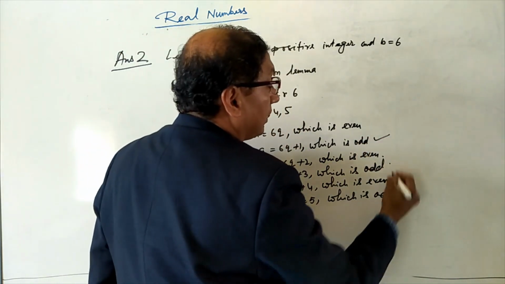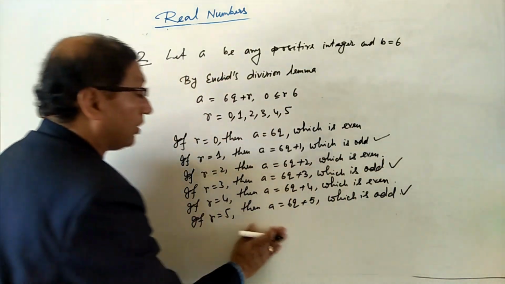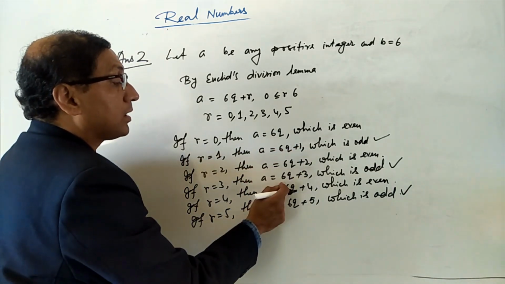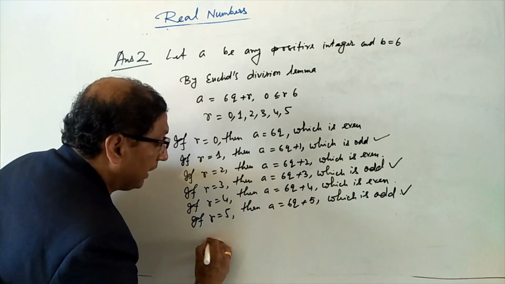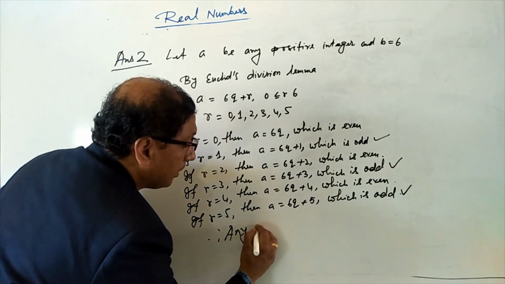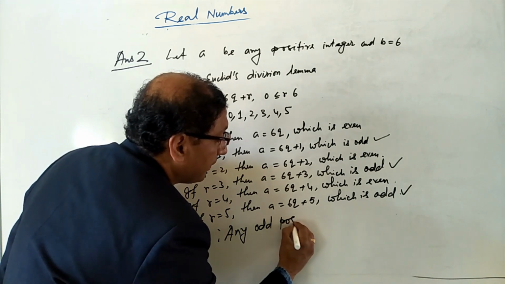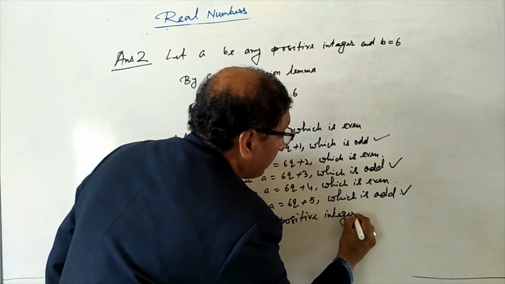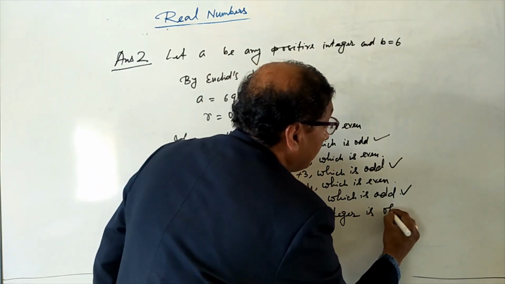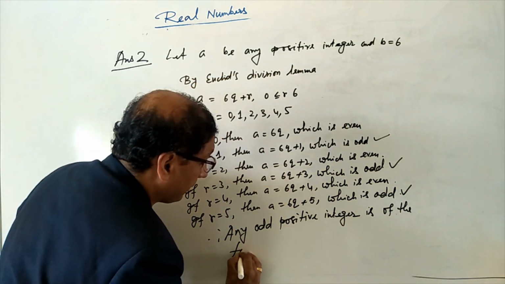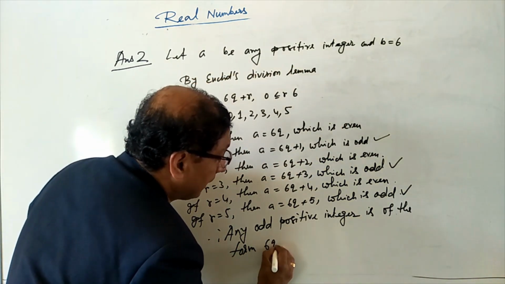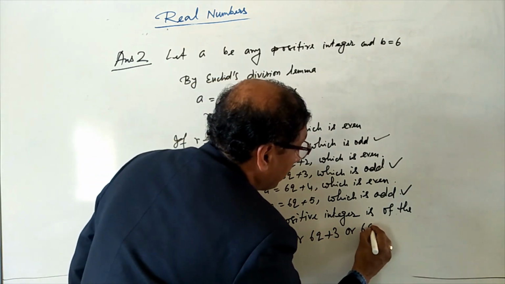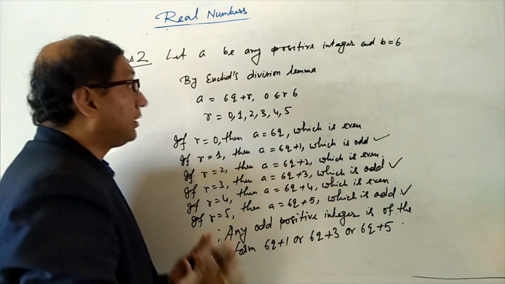So this we got odd, this we got odd, and this we got odd. So any positive odd integer is of the form 6q plus 1, 6q plus 3 and 6q plus 5. Therefore, any odd positive integer is of the form 6q plus 1 or 6q plus 3 or 6q plus 5. Right? Done? Question number 2.